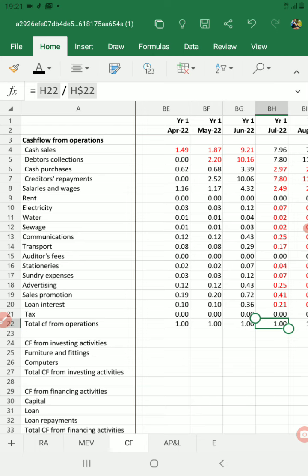Normally, when you do projected financials, you will use monthly projections for the first 12 months. That's the budgeting time, okay? So you do monthly projections, and after that, you do annual projections. That is the standard for preparation of projected financials.